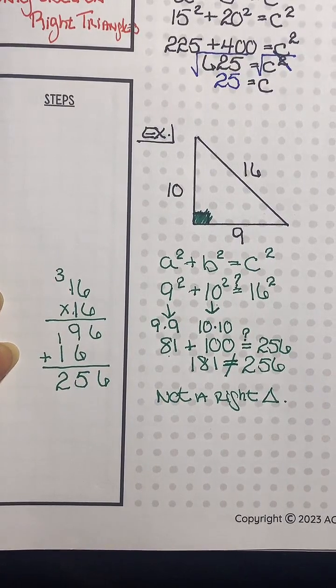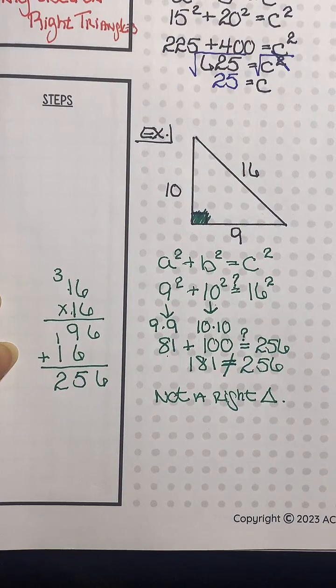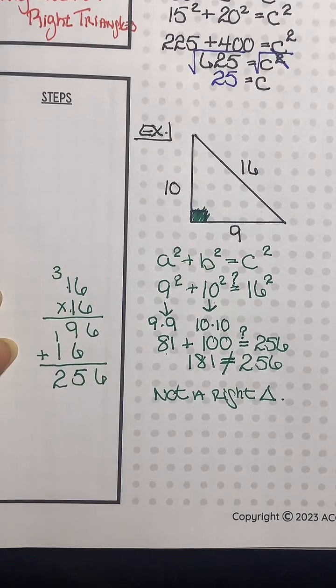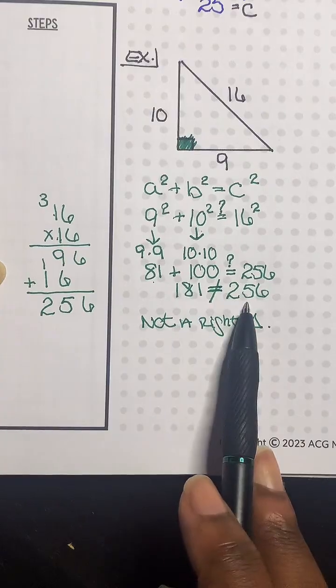Okay. So what's the angle? Oh yeah, we're not doing angles. So how would you know it's a right triangle? Well, if both sides are exactly the same.